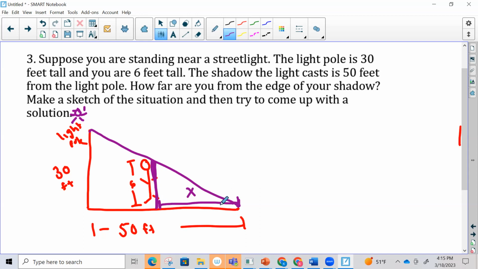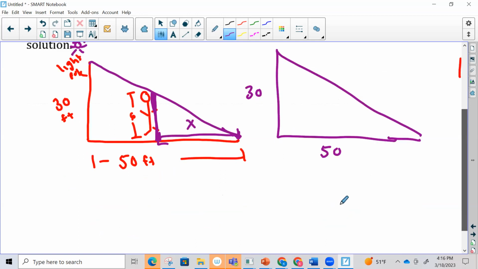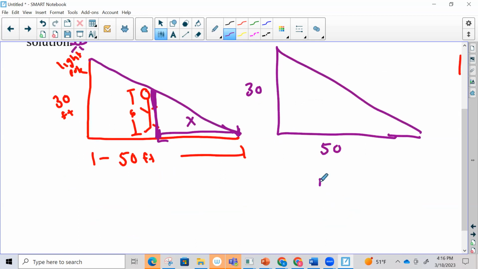For the triangles, I'm going to redraw. So I have this big triangle with my light pole being 30 feet and my shadow being 50 feet. And then I have this little triangle that has me, my height of 6 feet, and the length between where this end of the shadow is and where I am called X.